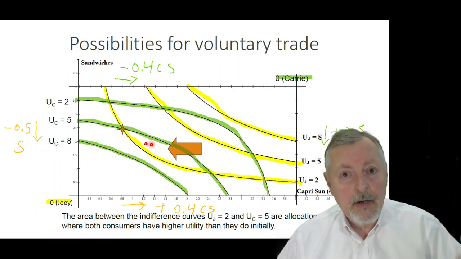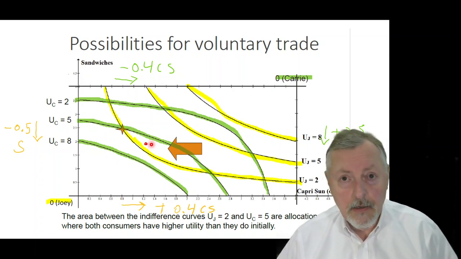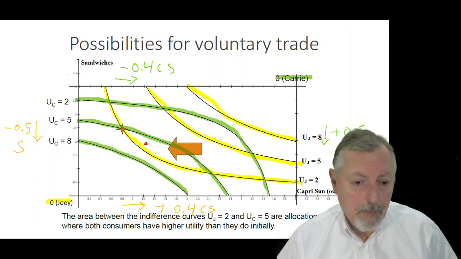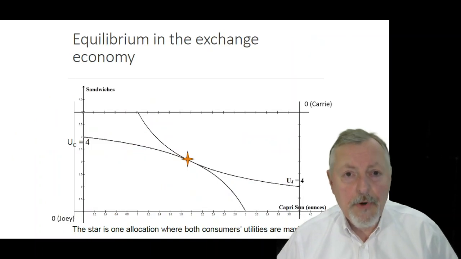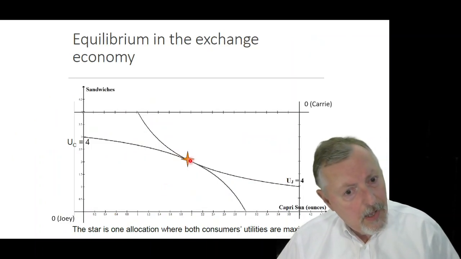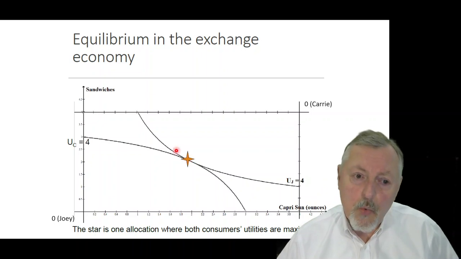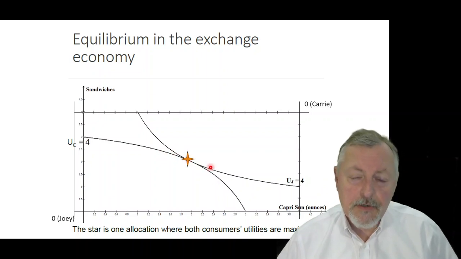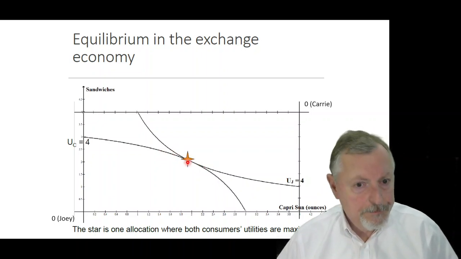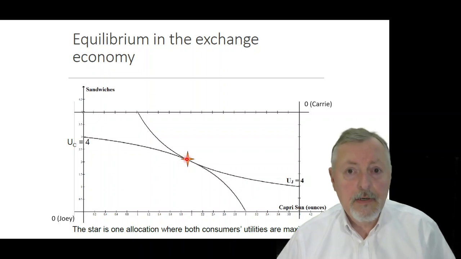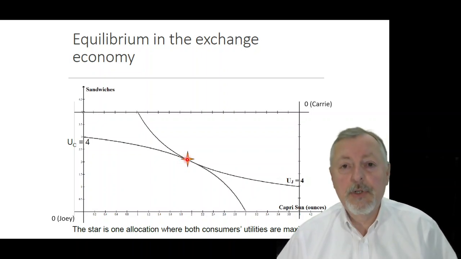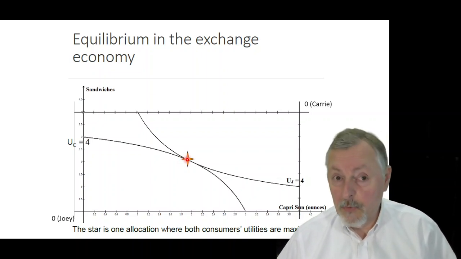That doesn't mean that all possibilities for trade are exhausted. That won't happen until you reach this point, where both of their indifference curves are tangent. At that point, there is no possible trade that will make them both better off.